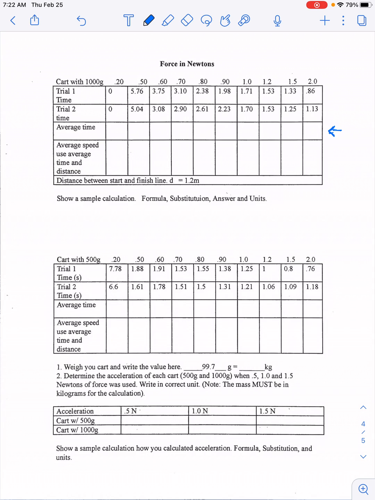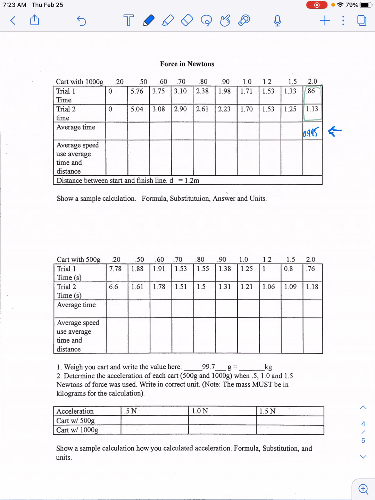So if I'm averaging these two, I add 0.86 seconds plus 1.13 seconds and divide that answer by 2, which gives me 0.995. So when you're finding your average times, we'll need to do that.